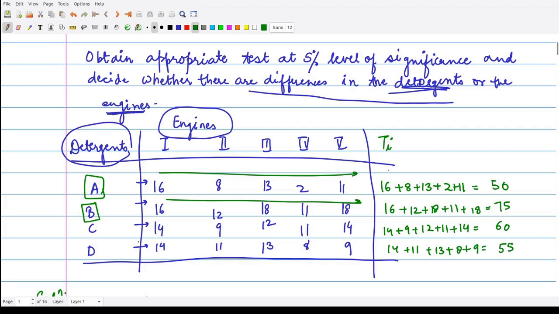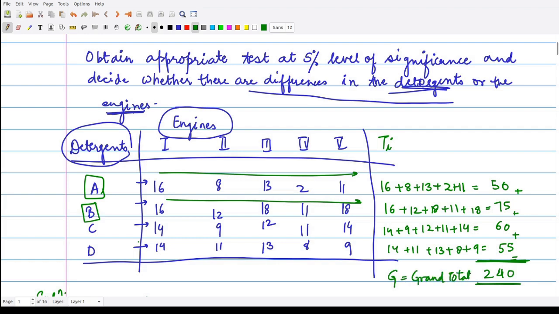So this is Ti. When you add up all these, 50 plus 75 plus 60 plus 55, you will obtain 240, and this 240 is known as G, the grand total.